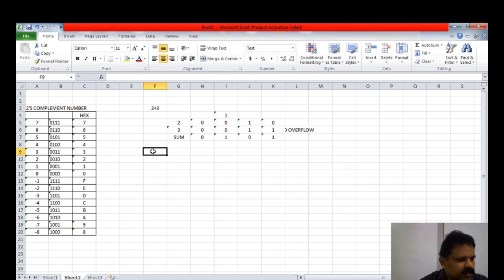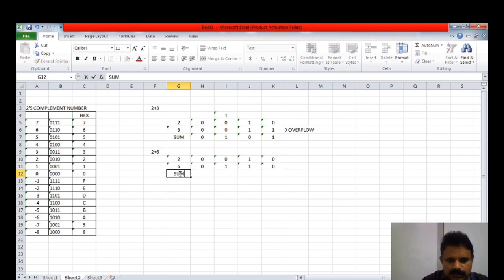Next, let us consider 2 plus 6. The pattern for 2 is 0 0 1 0, and for 6 is 0 1 1 0.